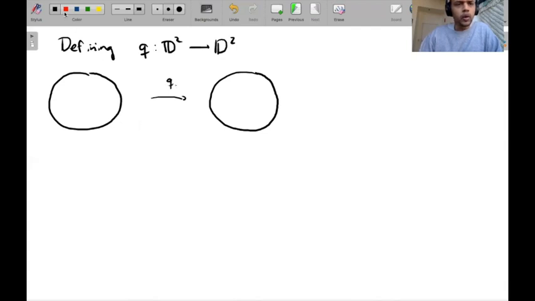We know what we need to do on the arc A: A has to go to a single point. And we just want a way to map the rest of the disk in a bijective way to the complement of this red point here.